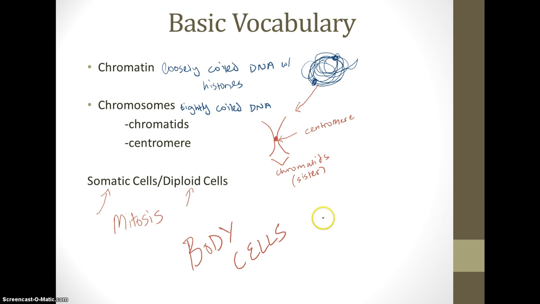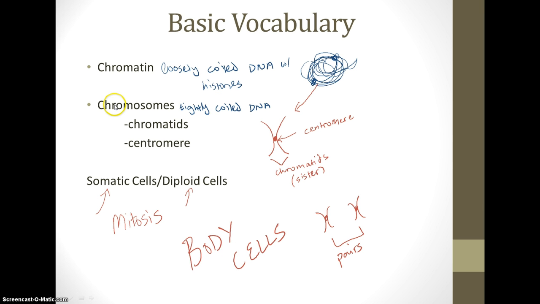Let's say we have a chromosome here. This is one chromosome. Diploid cells have two of each chromosome, so they always occur in pairs, and this is diploid cells. Somatic cells is another word for body cells, all the cells in our bodies except for our sex cells, such as sperm or ova. So that is what we need to understand.